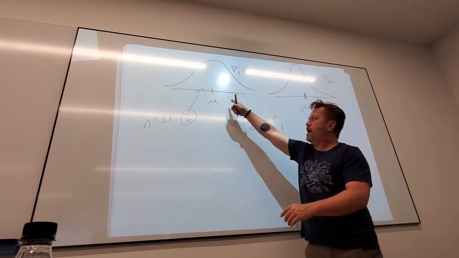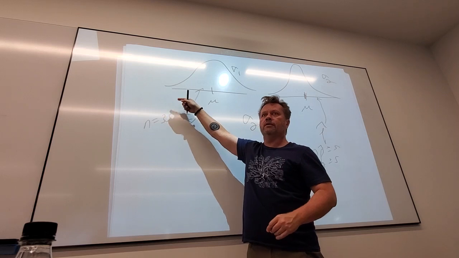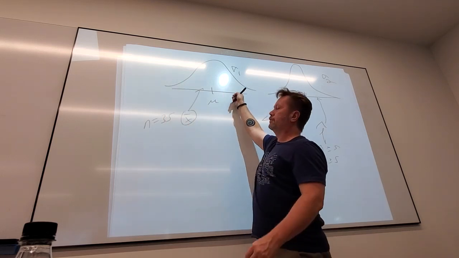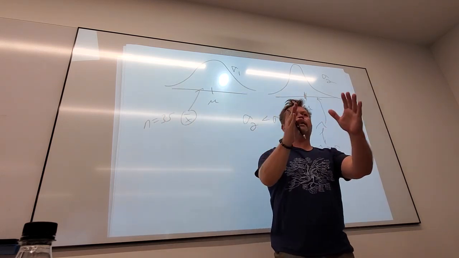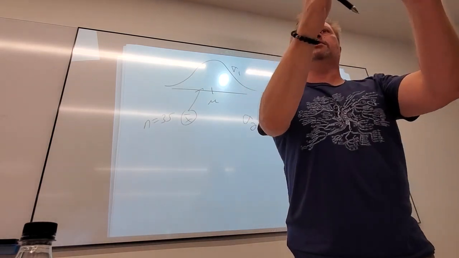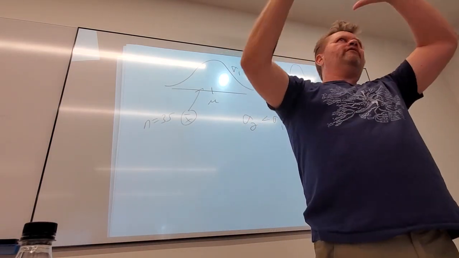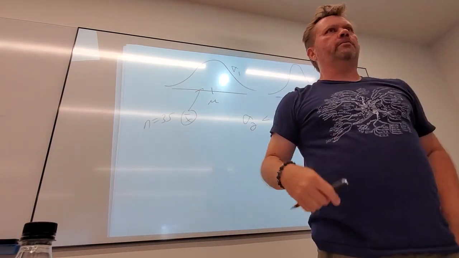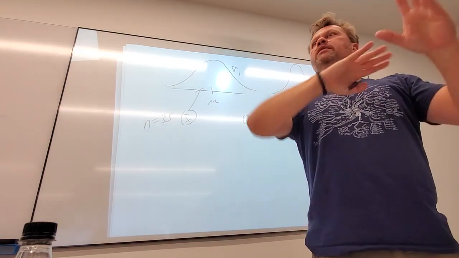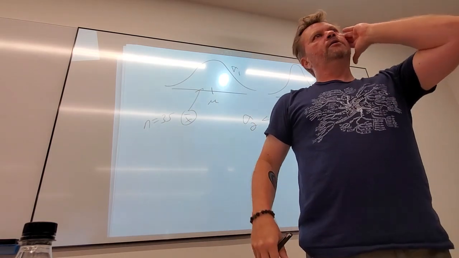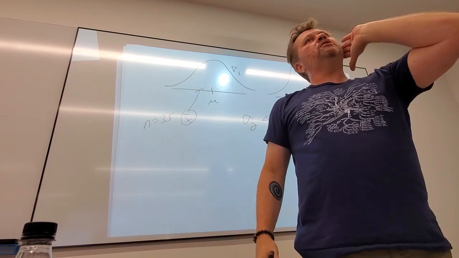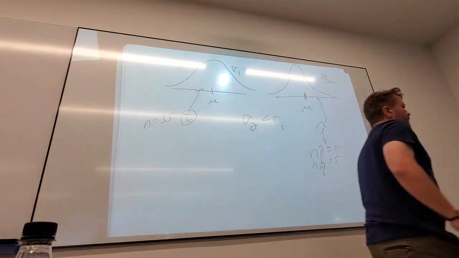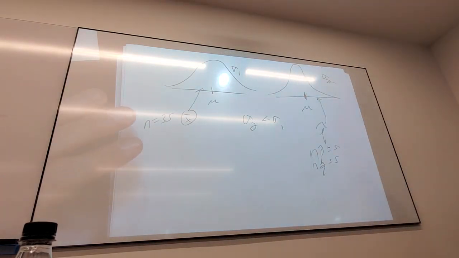Now instead of plotting a bunch of averages, I'm plotting a bunch of standard deviations. So I don't have one standard deviation to rule them all. I have a bunch of little standard deviations. What shape is that thing going to be? Well, I'll tell you, it's not going to be normal. It's going to be this guy.